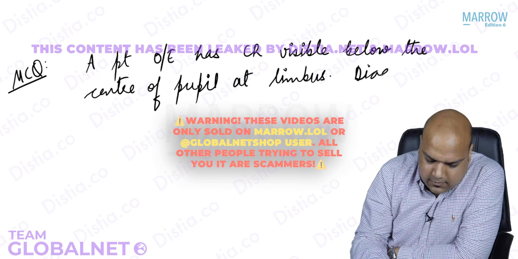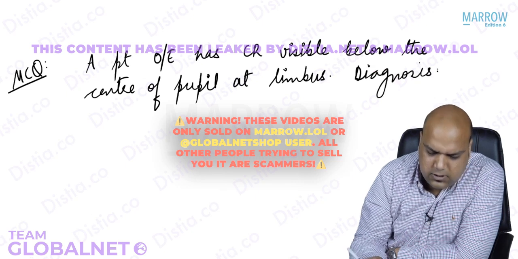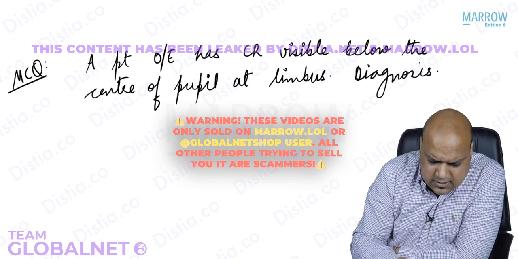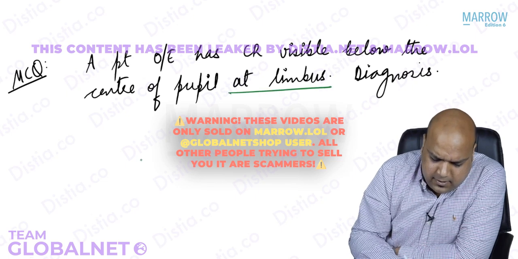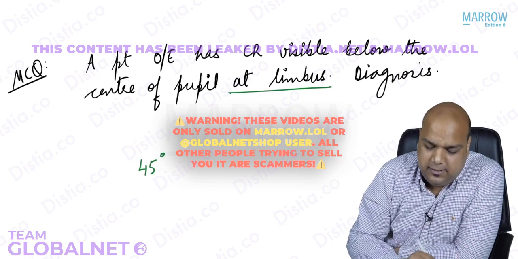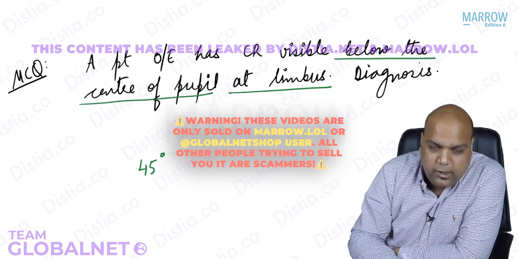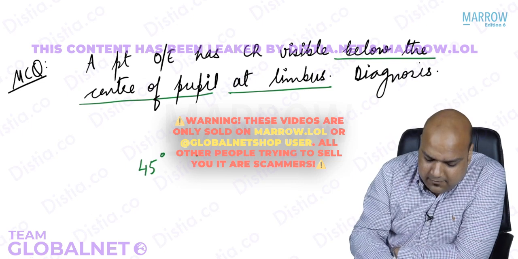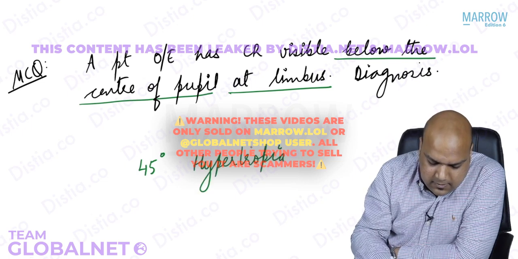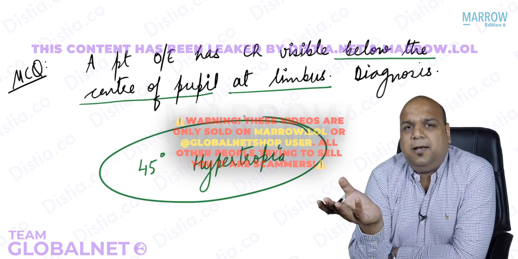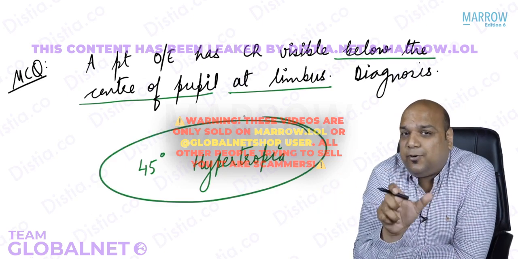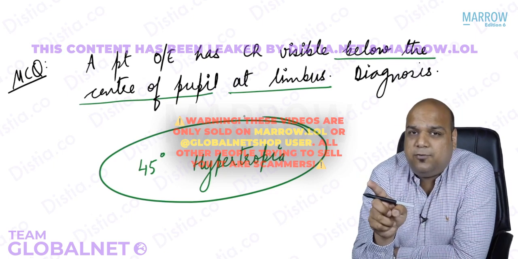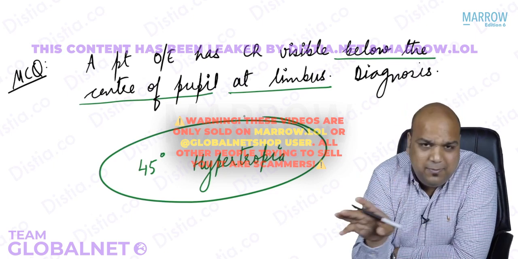What is your diagnosis? Simple theoretical question. 2 answers here, everybody. At limbus should tell you 45 degree. Below the center of the pupil. That means the reflection is below. That means the deviation is up. Deviation up means hypertropia. 45 degree hypertropia. So the 2 rules are combined in a theoretical question and asked to you. I hope there is no confusion about this. Yes, guys, everybody clear about this?